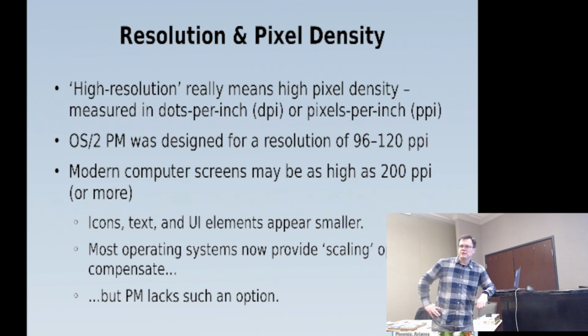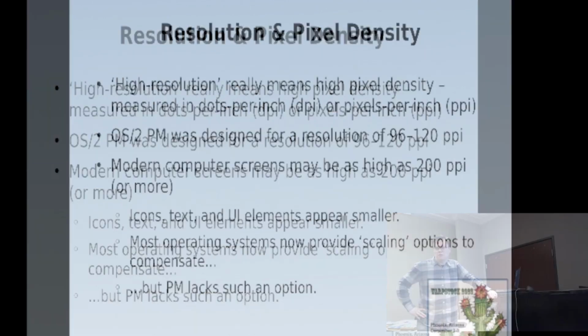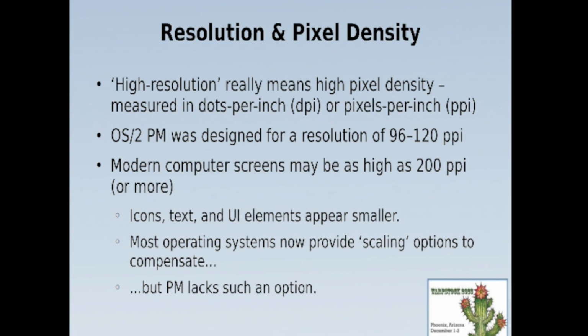So, getting back to OS2, Presentation Manager, OS2's graphics engine, was designed back in 1990-ish. It was designed for a pixel density of either 96 or 120 ppi. And that actually held fairly true through the early aughts.